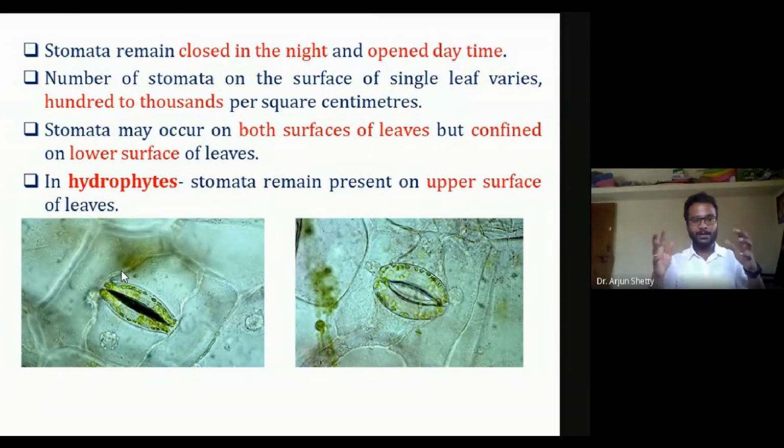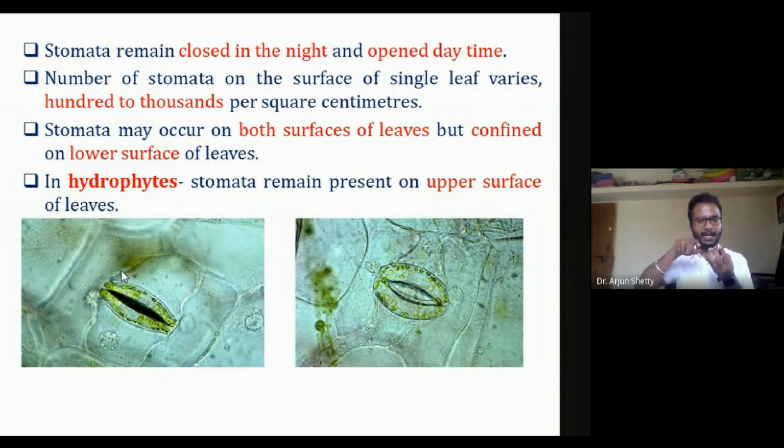Why am I telling you this? Because, as I already told you, the function of stomata is completely determined by external factors. It may be sunlight, normal light, or even water scarcity. Because it is with the help of water and light that the plant produces sucrose, the food material.